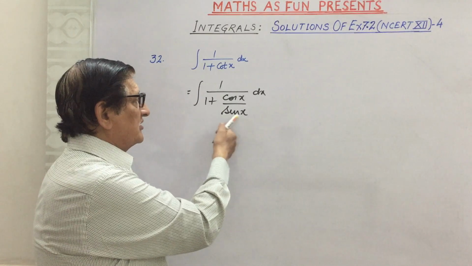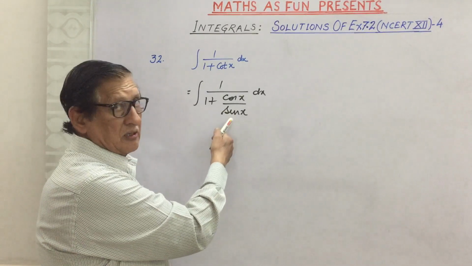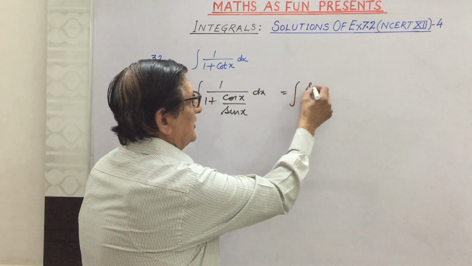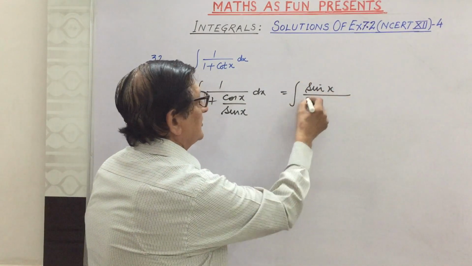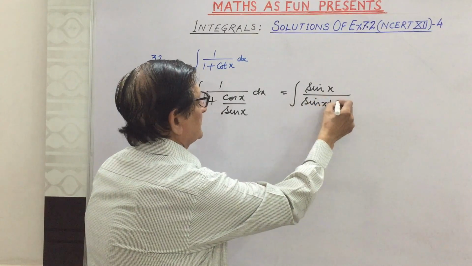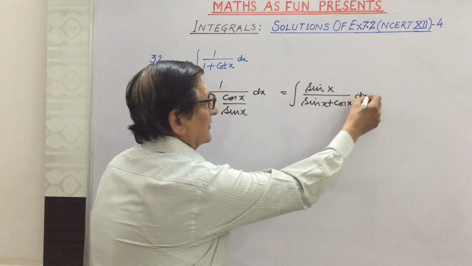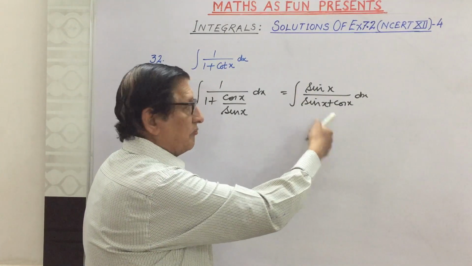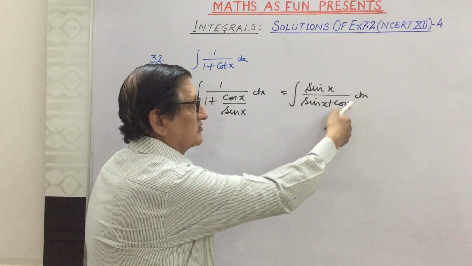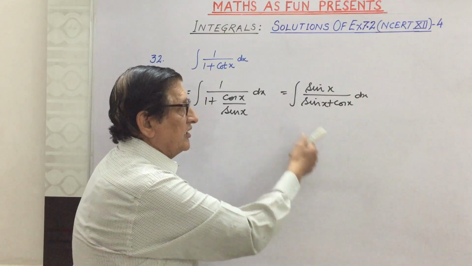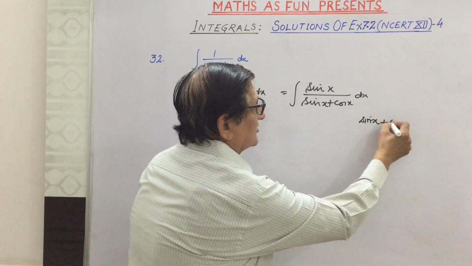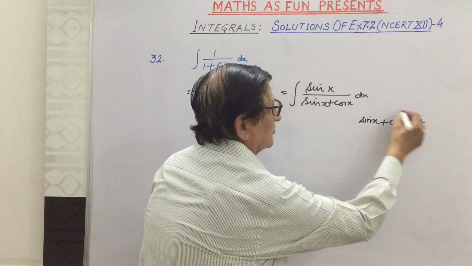If we take the LCM in the denominator, sine x will go in the numerator, so this will be sine x upon sine x plus cos x dx. Now in case we want to find the solution by taking the denominator as t, suppose sine x plus cos x is equal to t.